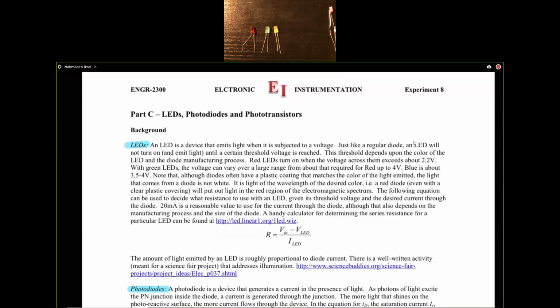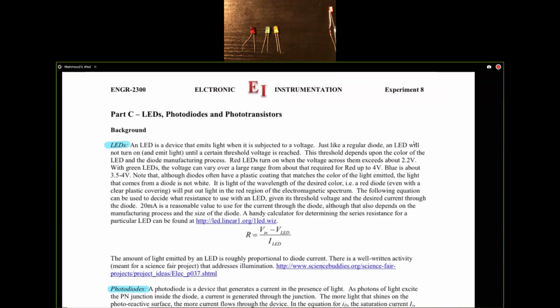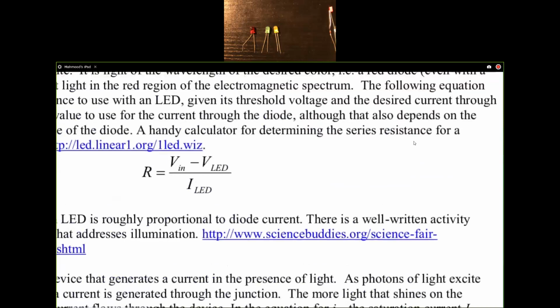But in the middle of the screen, you should be able to see an equation. And that equation allows you to determine the current through the diode, the LED. So I'm going to quickly sketch up something to see what that corresponds to. So for example, if I have a voltage source, I'm connecting it to a resistor and I'm connecting it to say an LED.